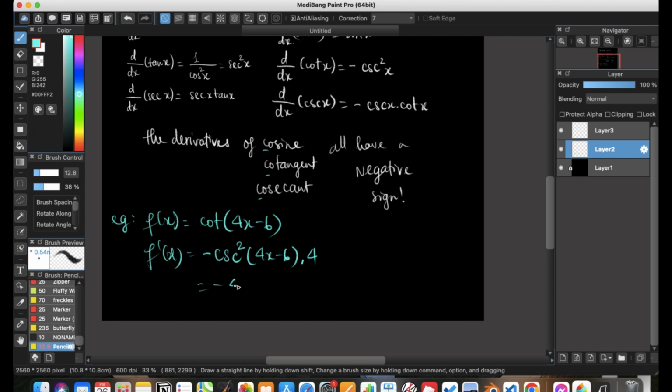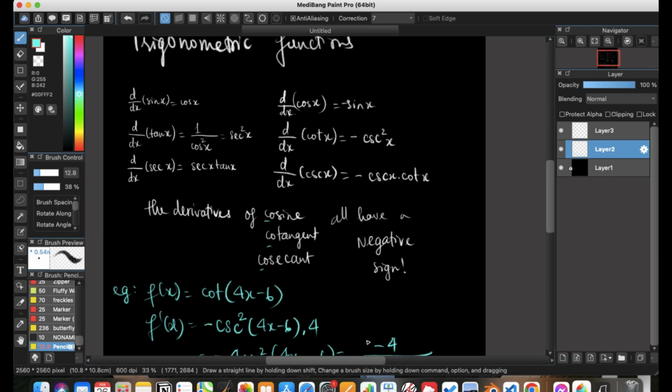So it's going to be minus 4 cosecant to the power of 2 of 4x minus 6. And we can even rewrite that as minus 4 over sine of 4x minus 6 to the power of 2.